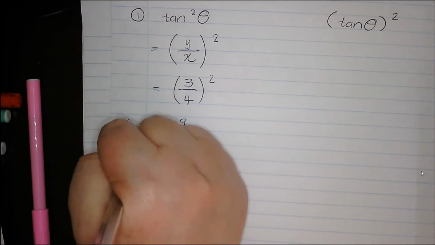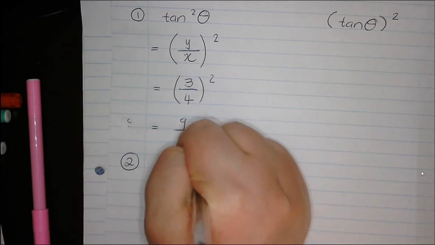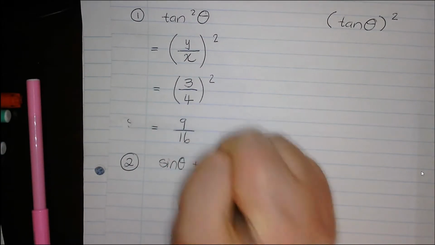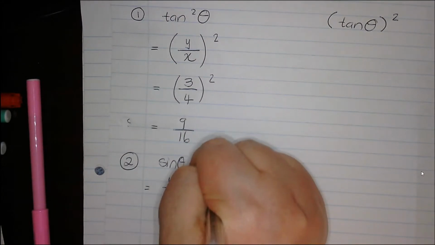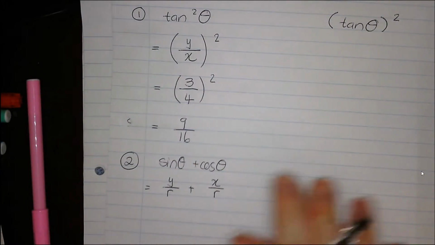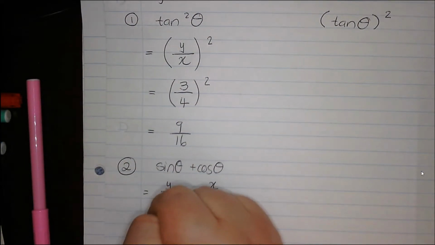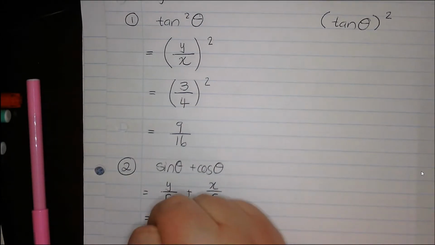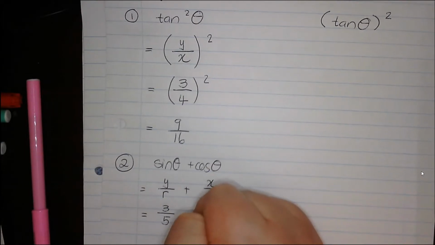Right, question 2. We want sine of theta plus cosine of theta. Shade your rear, cos x rays tan your exterior. Right, y is equal to 3, r is equal to 5. X is equal to 4, r is equal to 5.